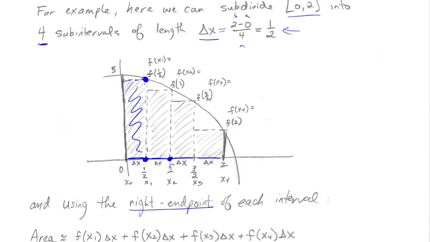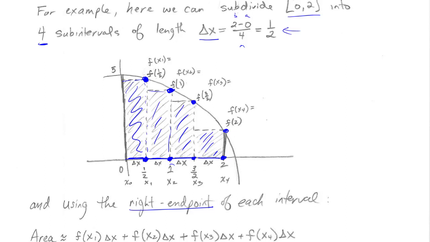Now we're going to use this endpoint of that interval, bringing us up here, and that's how we get the second rectangle. And on. Third endpoint, third point on the curve, that rectangle. Fourth endpoint, fourth point on the curve, and that rectangle right there.